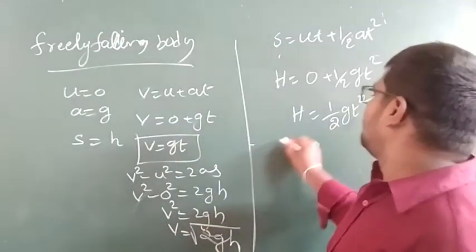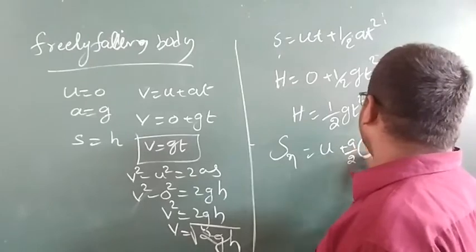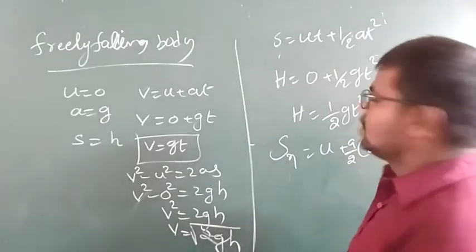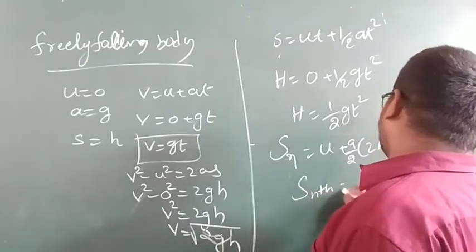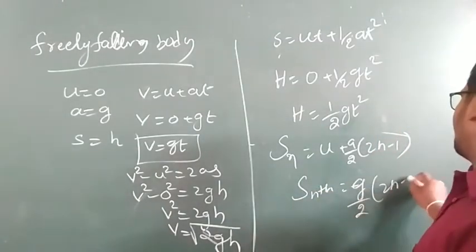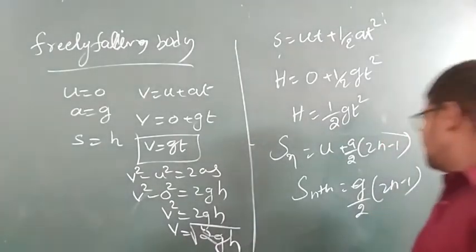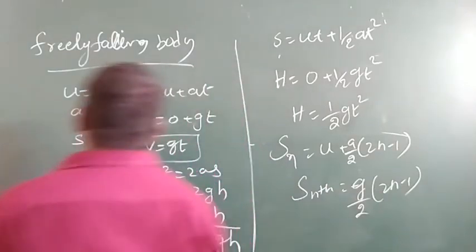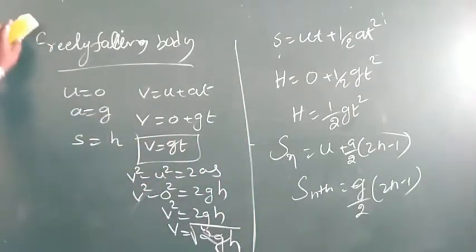Then Sn is equal to U plus A by 2, 2n minus 1. So this we can write as Sn is equal to g by 2, 2n minus 1.